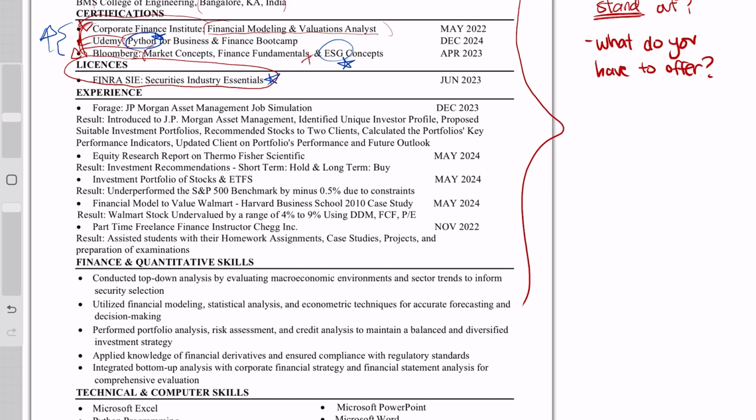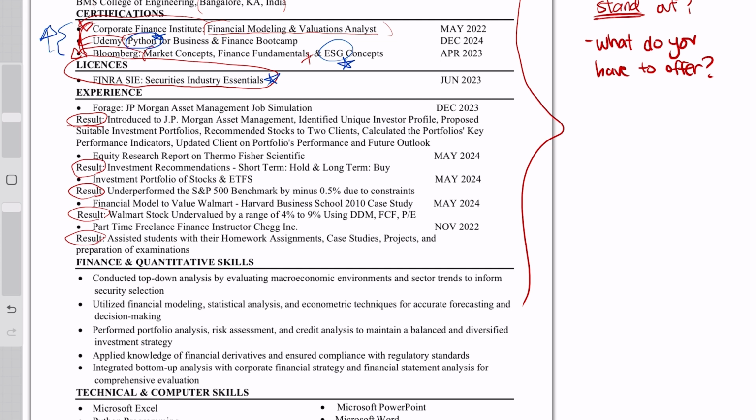The first experience listed is Forge JP Morgan Asset. First of all, none of this really explains the result. I'm curious as to why you put the result in front. To me, a lot of what you said here as results are not applicable because they're not actually results.